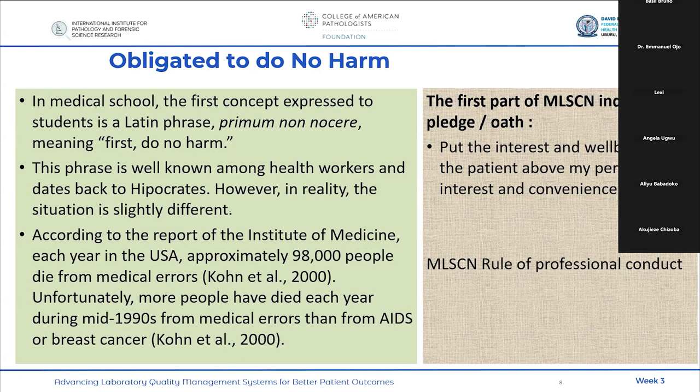And also the same reports say that more people have died each year during mid-1990s from medical errors than from HIV/AIDS or breast cancer. So this is telling how significant the contribution of medical error to death can really be.